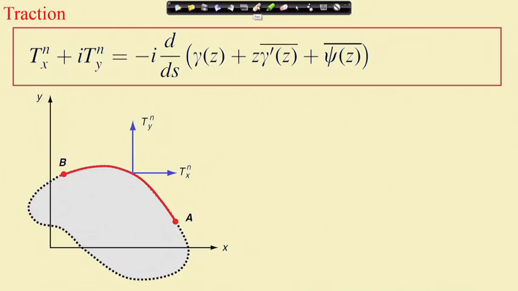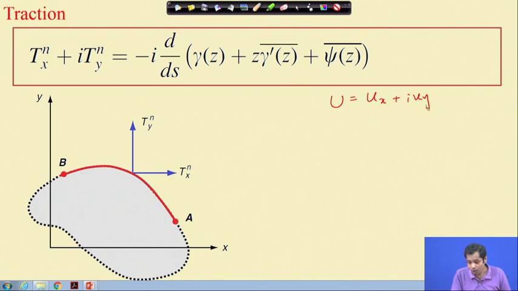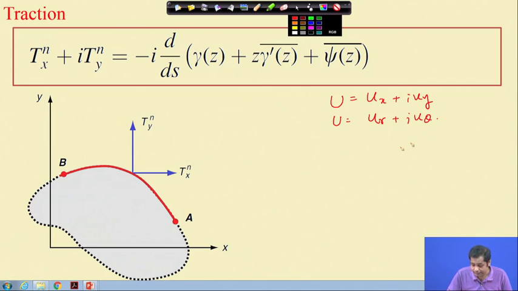Now, like we write the displacement u is equal to u x plus i u y, or in polar coordinate system, u is equal to u r plus i u theta. So, similarly, the traction also can be written in terms of this complex variable.